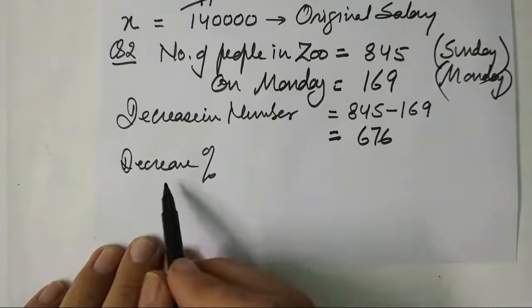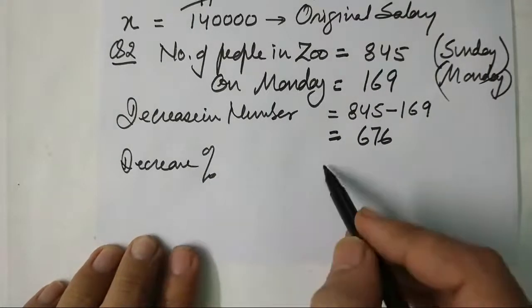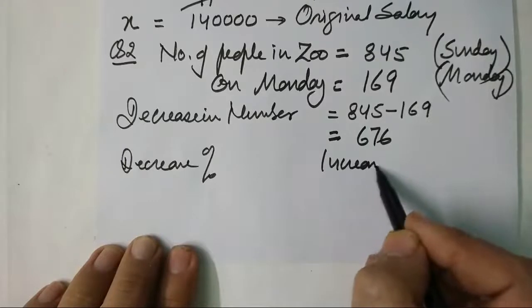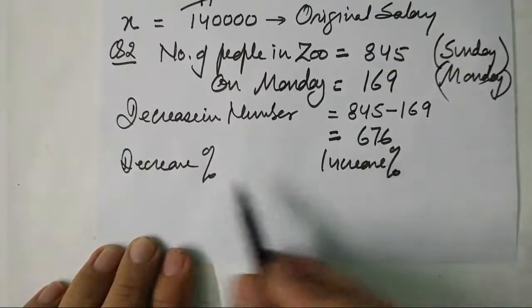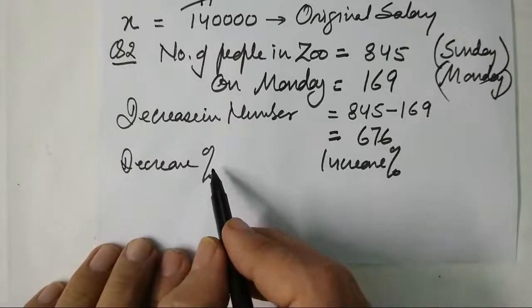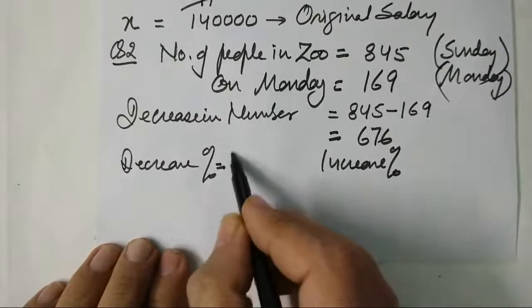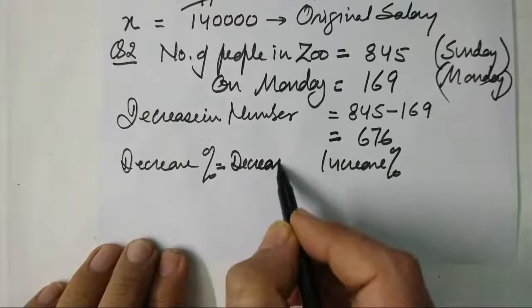Now whenever you have to find decrease percent or increase percent, if there is a decrease or there is an increase, you will use this formula. Decrease percent is equal to the decrease, whatever is the decrease.